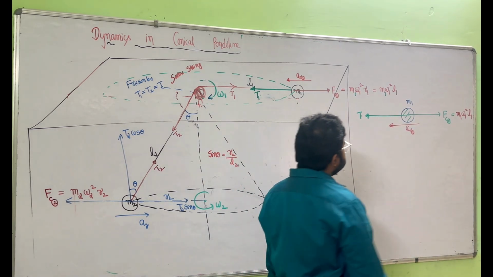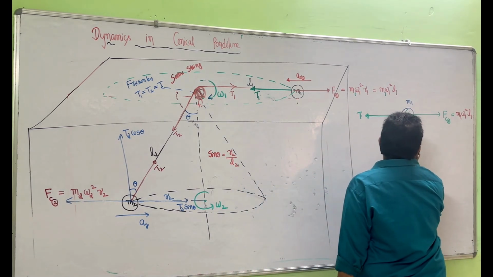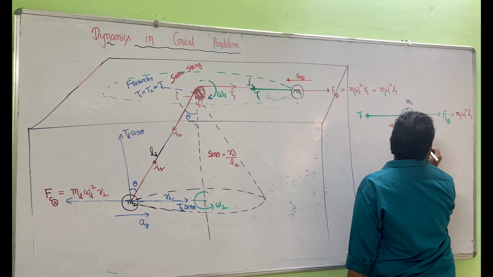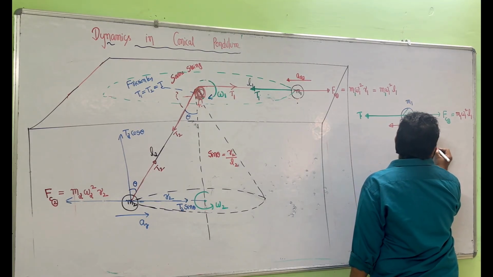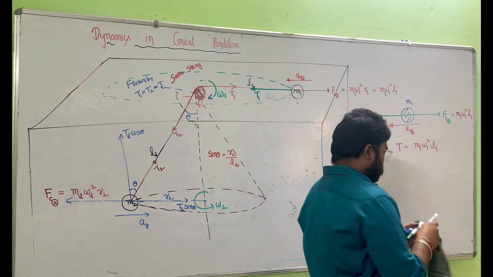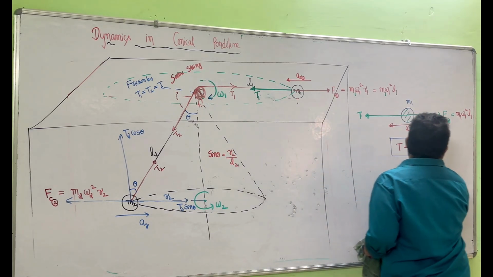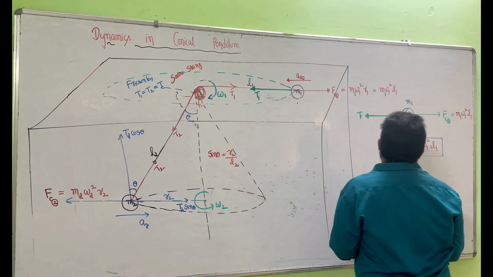Clear? So what is T? T equals M1 omega 1 square L1.